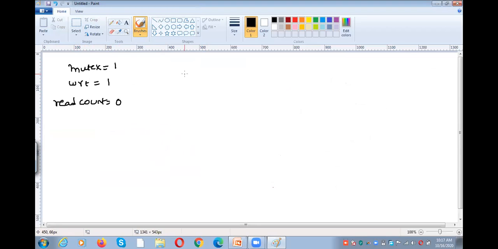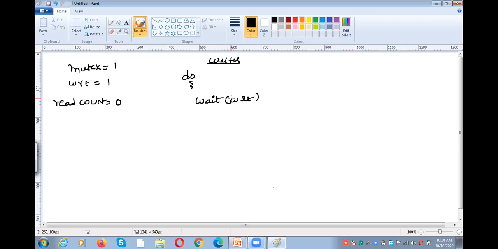Now this code is for the writer. Do: the writer has to perform the write operation. Only one writer is allowed to enter the critical section and perform the write operation. So do wait of WRT. What is wait of WRT?